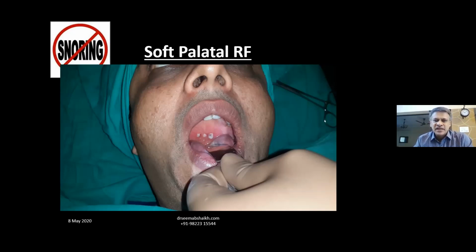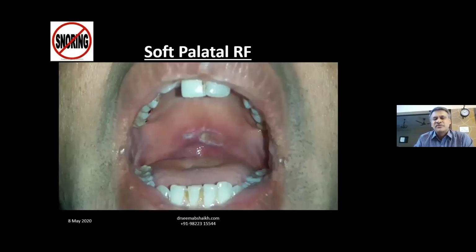And invariably, that struggle of trying to insert the probe properly in the middle of the palate with a conscious patient is going to cause a lot of superficial ulcerations. This is what happens many a time, and I can show you any number of cases where there are always going to be palatal ulcerations, mostly on the oral side, because we are trying to be very careful and not go posteriorly.